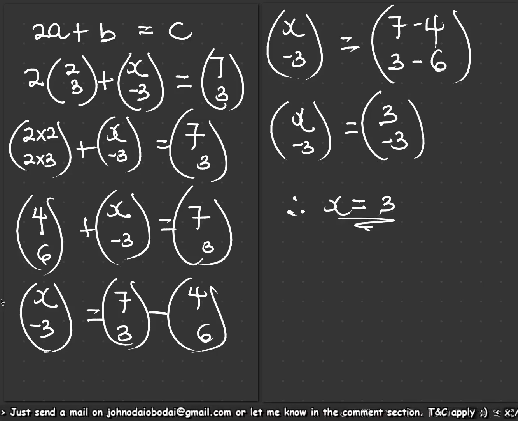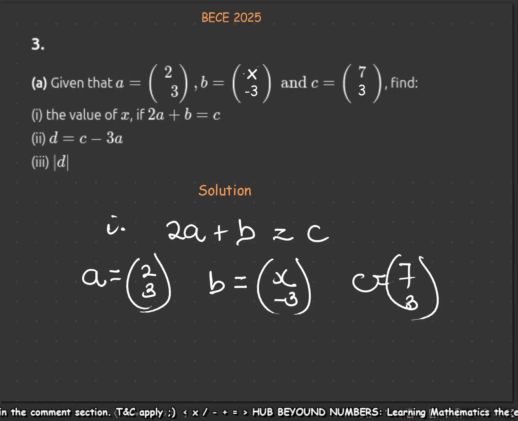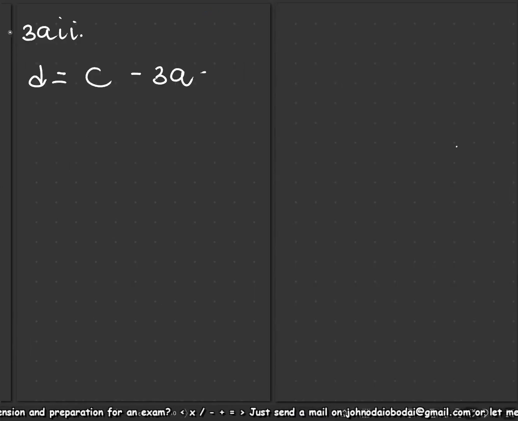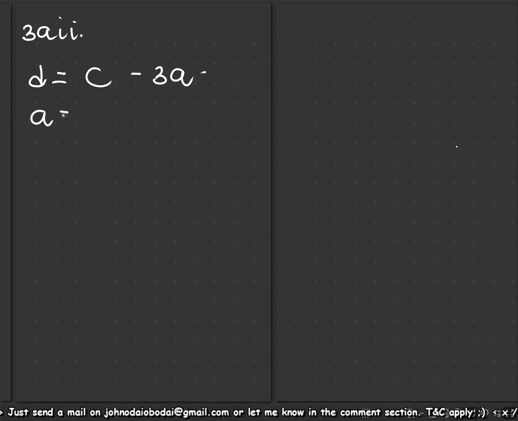Solved. So let's look at the second part of the question. Second part of the question says d is equal to c minus 3a. And what do we know our a to be?